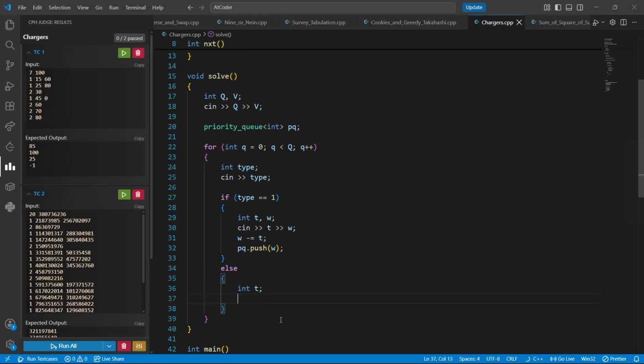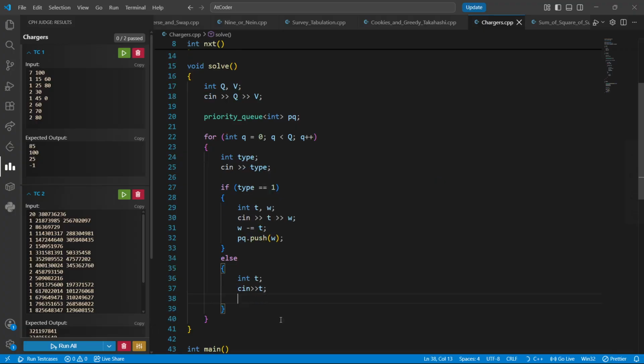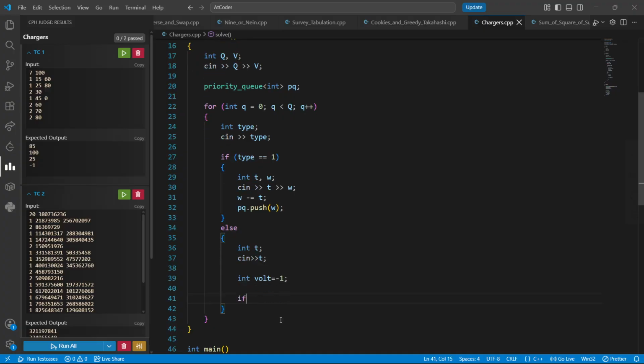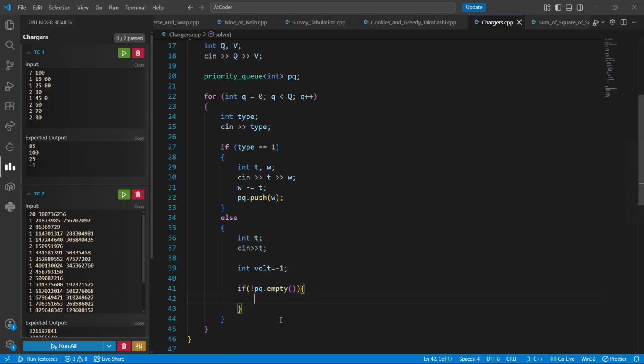So you'll be taking T again now, okay. So in this case, first you'll say your volt is minus 1, and you'll check if priority queue is not empty. Then you are basically unplugging it. Else you don't have any battery to unplug, so you'll have to display -1.